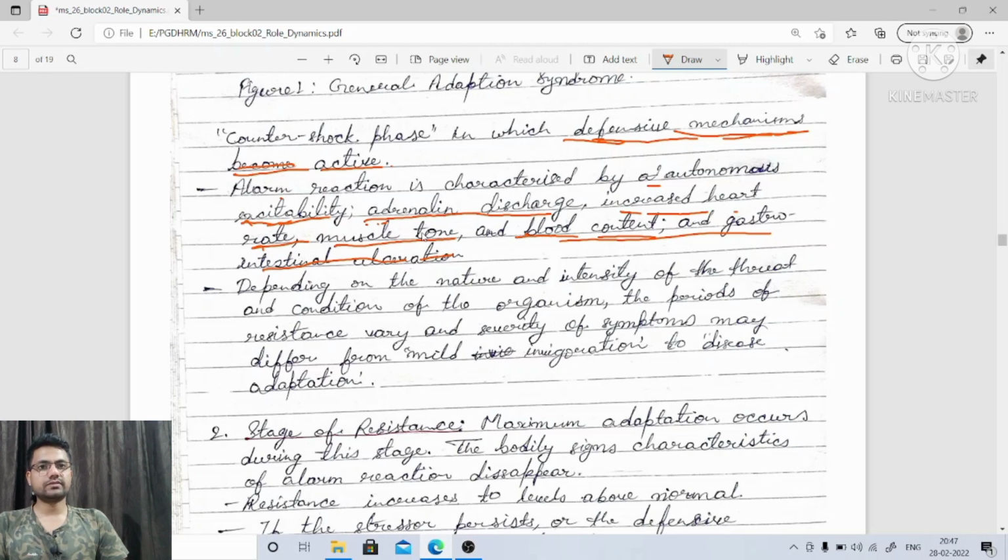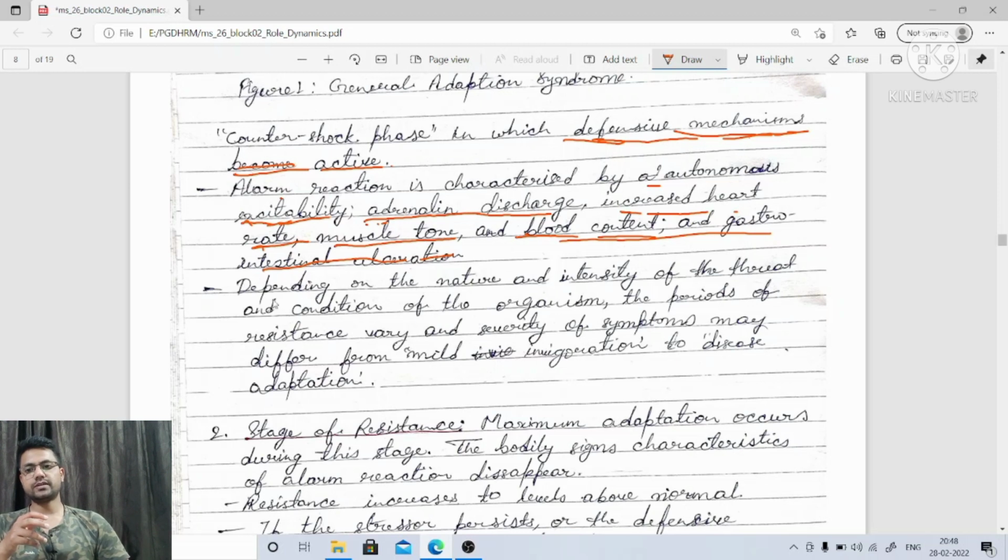Whenever the organism feels threatened, it may get autonomous excitability, or there will be adrenaline discharge in the body, or increased heart rate may also be possible, and muscle tone also. So these are the different things which happen in the body of the organism whenever it faces some type of threat.